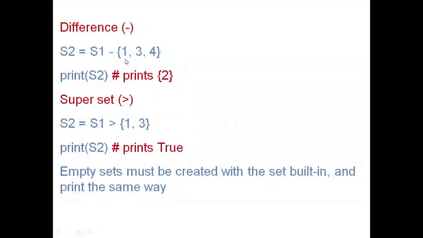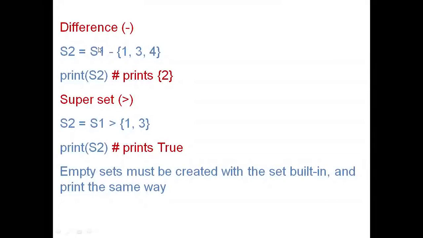Now I want to find the difference between that set and this set, which contains 1, 3, 4. So what is the element that is in S1 which is not in the other set? It is 2. The result is stored in S2. So when I print S2, it will print 2 as a set, within the curly braces.